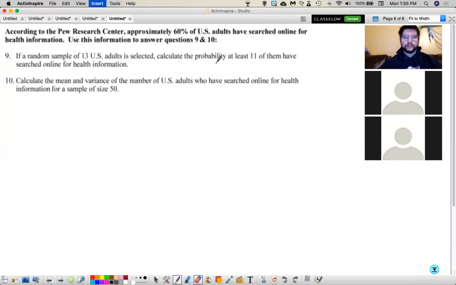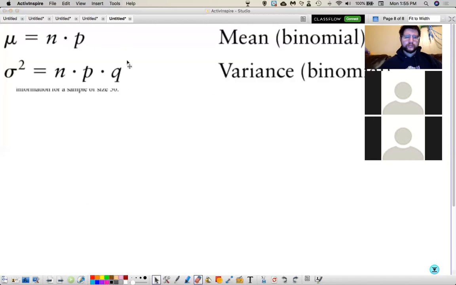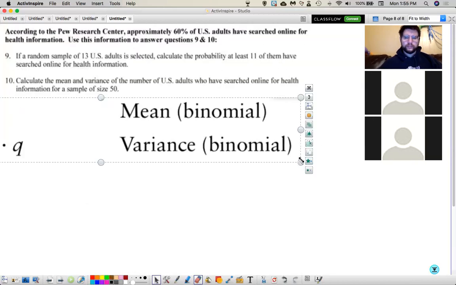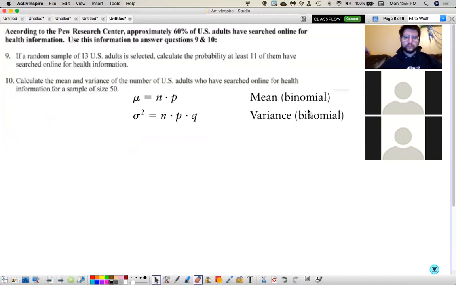Easy stuff here. So the mean, right here, n times p. Let me write down n is 50. P is 60% or 0.6. So that makes Q 0.4, same way it was last time.